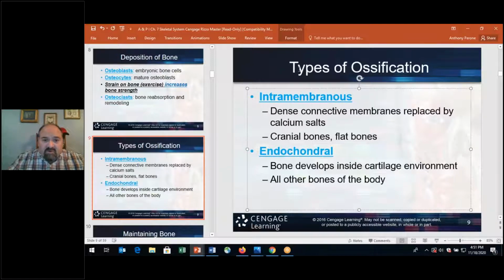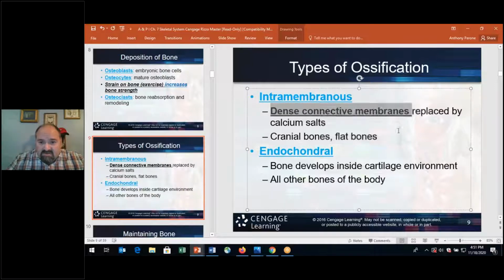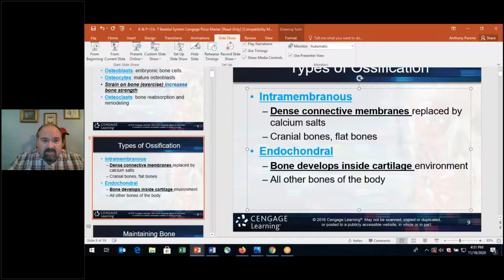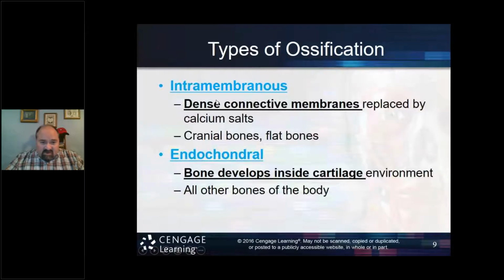Think flat bones for intramembranous, and you'll see here, dense connective tissue membranes. And endochondral, it's the cartilage. Bone develops from the cartilage itself, okay? So endochondral, bone development through the cartilage. Connective tissue, we're talking intramembranous, and think flat bones.